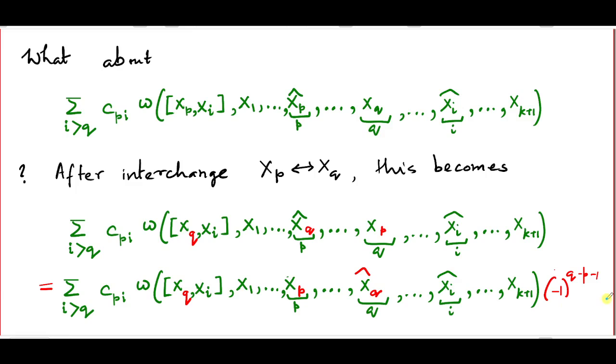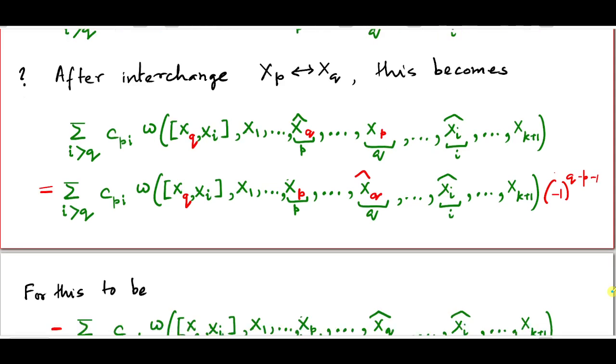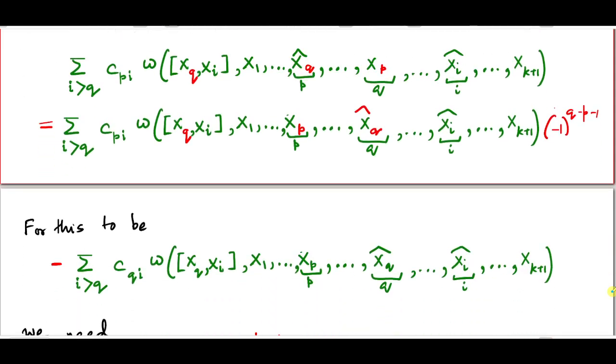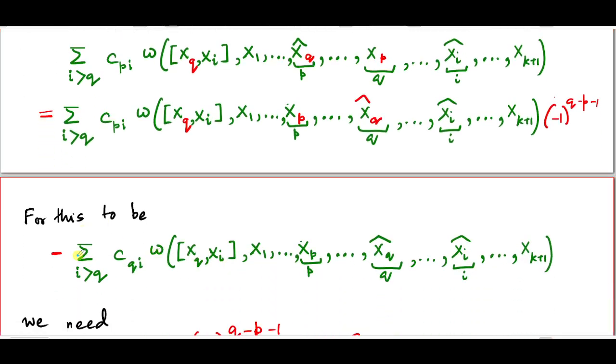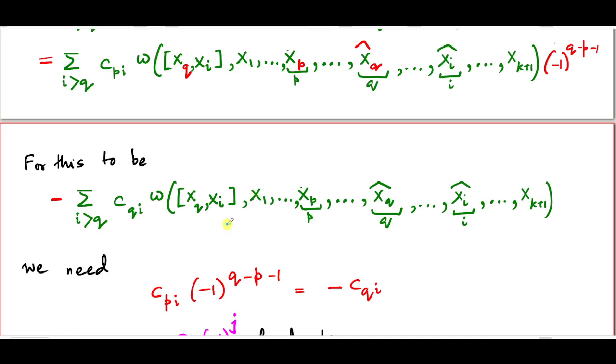So you get the factor (-1) to the q minus p minus 1. So now, in order that this be the negative of the sixth sum in our series of sums, you must have the following: C_pi times (-1) to the q minus p minus 1 is minus C_qi.